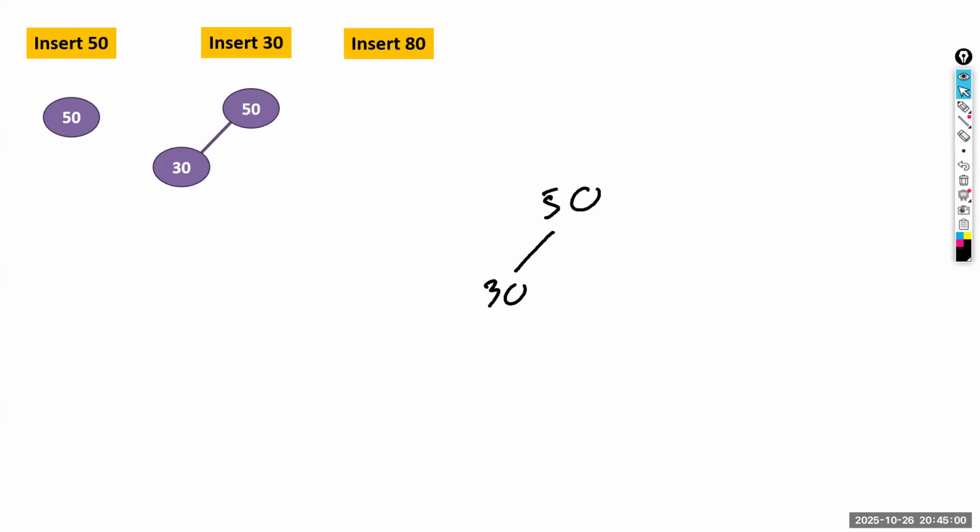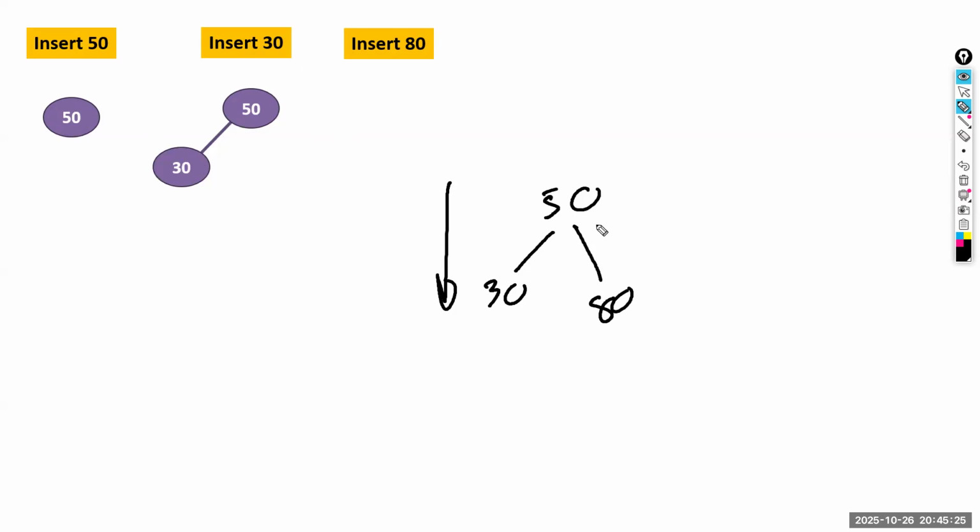Right, so now you want to insert 80. How do you insert? First insert it preserving the shape property. That means you go from left to right in the last level. Now you need to double check whether it has violated the heap property. Of course, yes, because 80 is bigger than 50. It must be sorted from top to bottom because we are going to create a max heap.